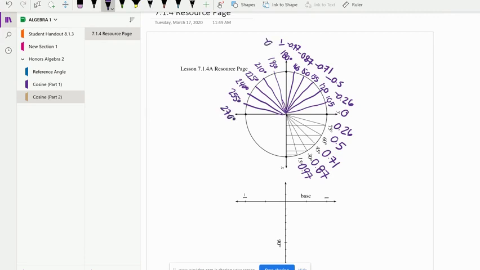And again, all of these are going to be negative because we're talking about quadrant 3, and the x-axis in quadrant 3 is negative. And this will again be 0 because we have no horizontal distance.